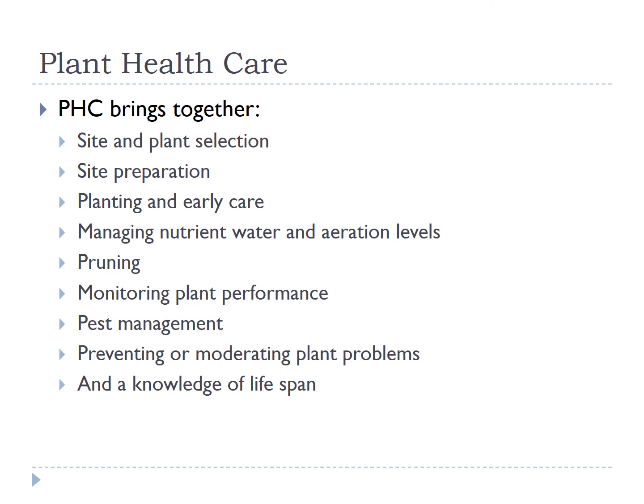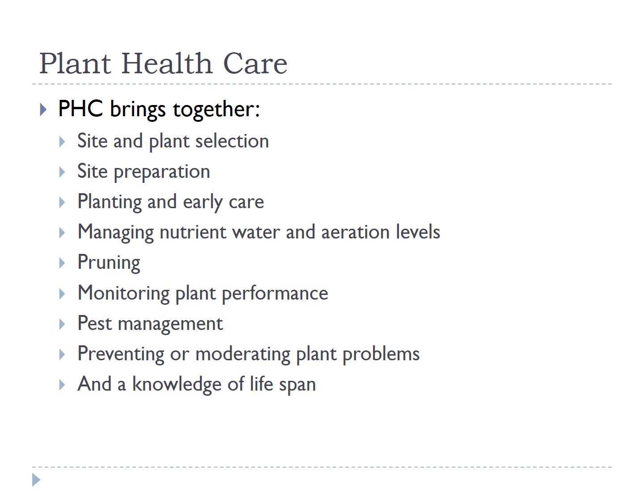Plant healthcare brings together site and plant selection, which we'll talk about in our following presentations in the next couple weeks, site preparation, planting and early care, managing nutrient, water, and aeration levels, pruning, and monitoring plant performance in the landscape.